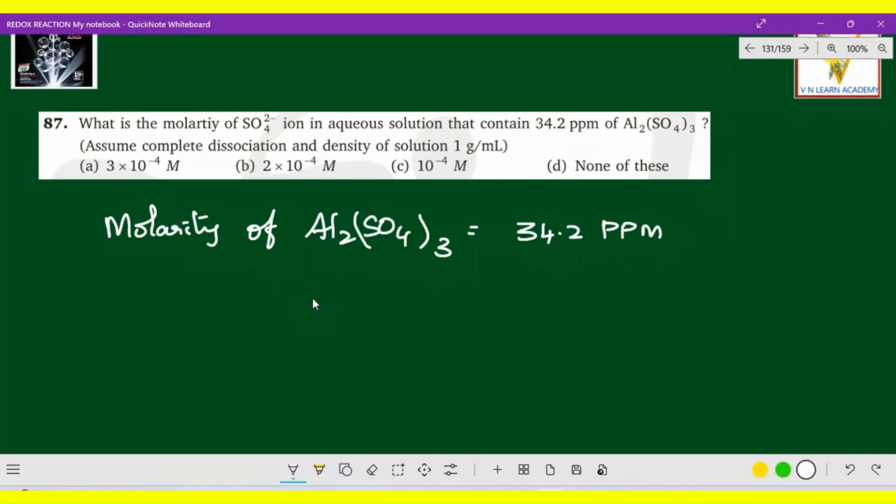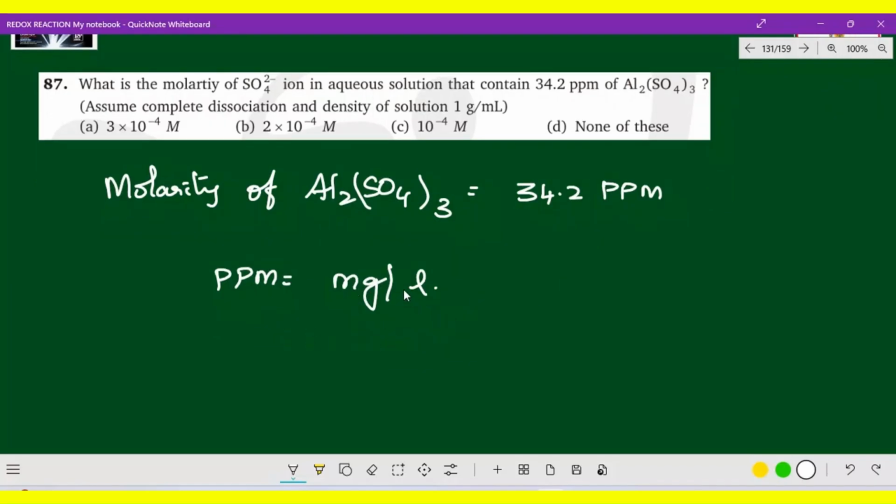Here we have to find the given mass. Generally ppm equals milligram per liter. So the aqueous solution contains 34.2 ppm of aluminum sulfate, and that is the way we can identify it. So 34.2 milligram per liter, we convert into 0.0342 gram per liter.